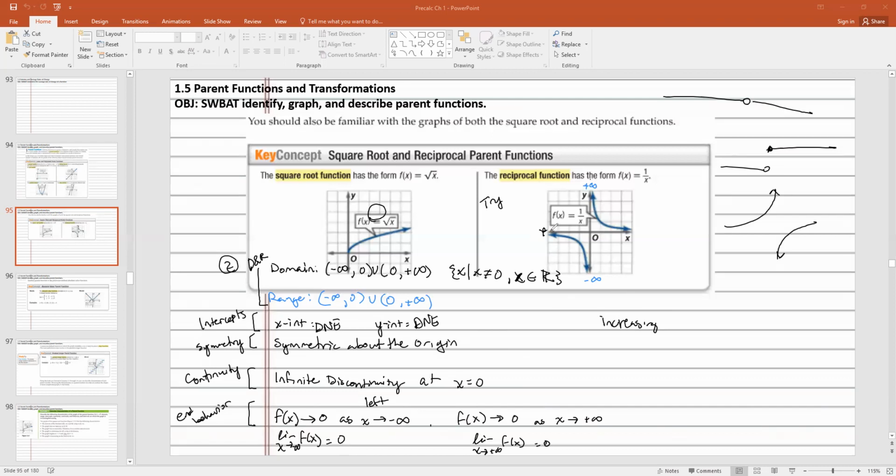Imagine you're walking on the graph. As you go to the right, you're going down. So it is decreasing from negative infinity all the way to 0. And these are x values, remember. So from negative infinity all the way to 0, you're decreasing.